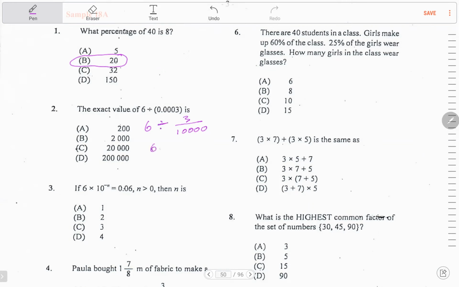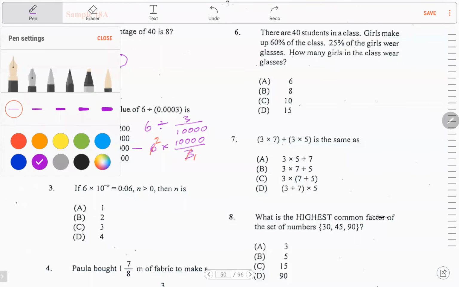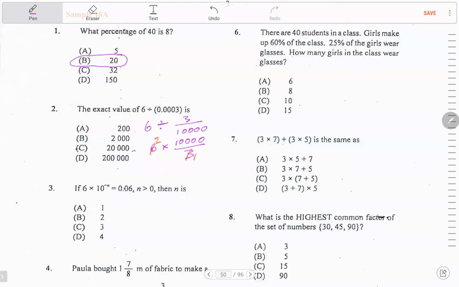It becomes 6 times 1 with 4 zeros over 3. The 3 into this is 1, 3 into this is 2. So it's basically 2 and 4 zeros. So multiply by 2. So 2 and 4 zeros is this one, C. Simple as that.